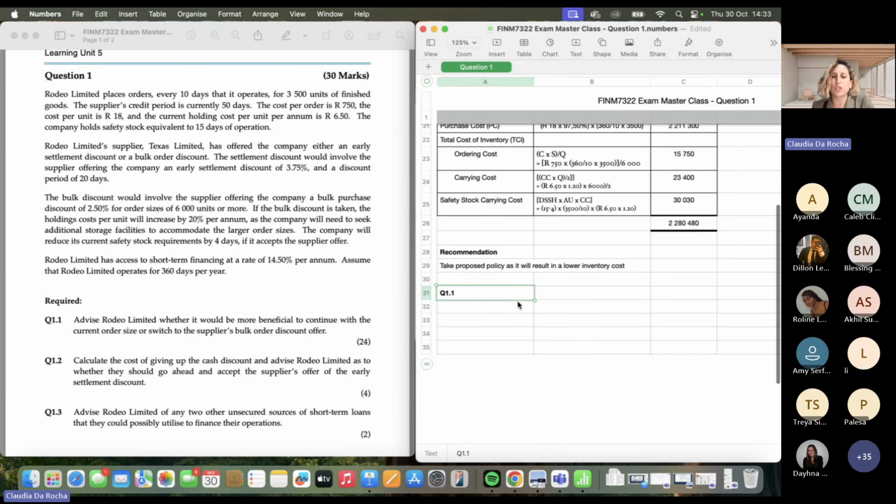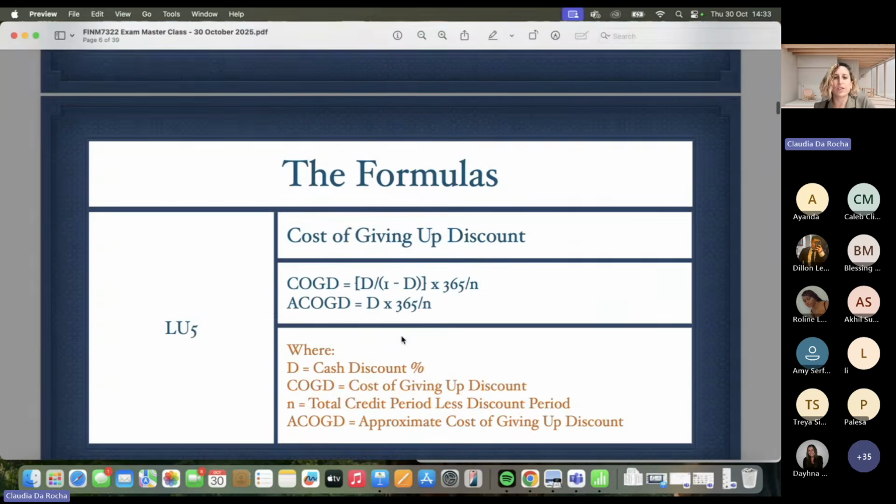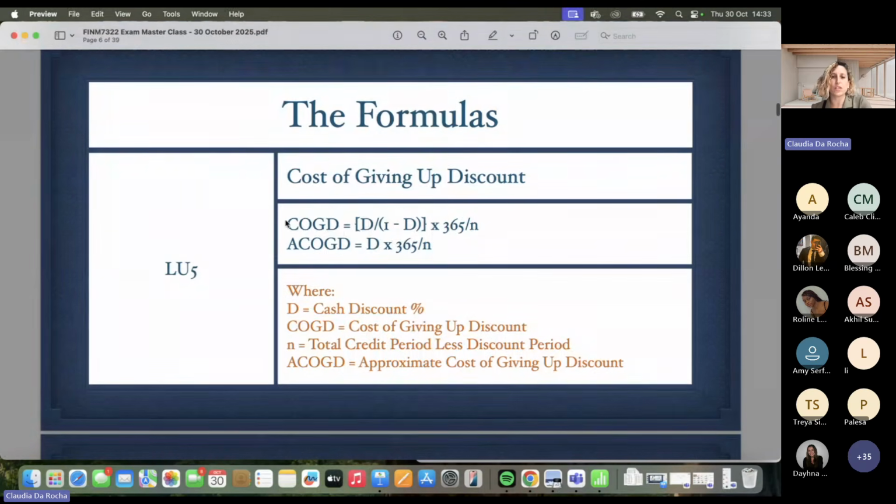Question 1.2 is asking whether we should give up the discount. When we're giving up the discount, we have to use the discount formula. To remind us, here we go, cost of giving up the discount. This is the formula we're going to use.